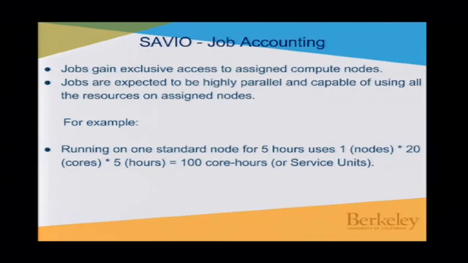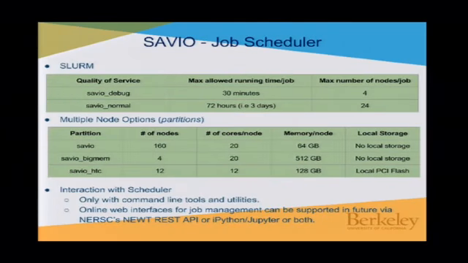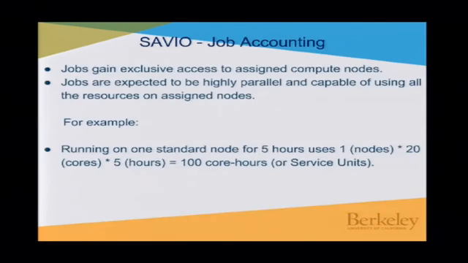And finally, about job accounting. A few important points to remember: in these two partitions, the general nodes, 20 core 64 gig nodes, and the big mem nodes, 20 cores, half a terabyte nodes, jobs gain exclusive access to the assigned compute nodes.